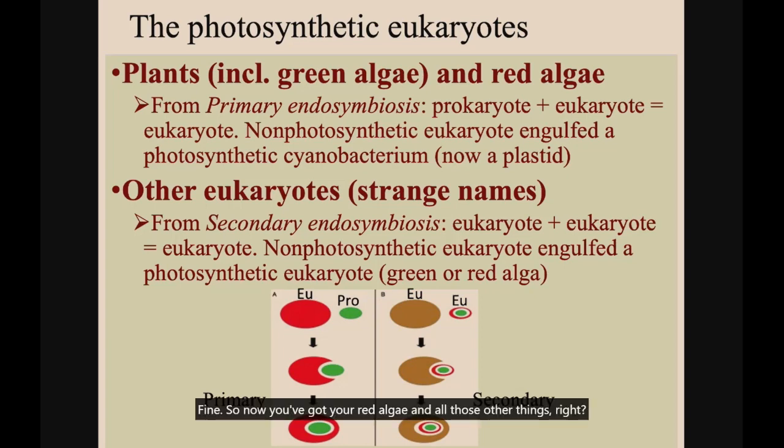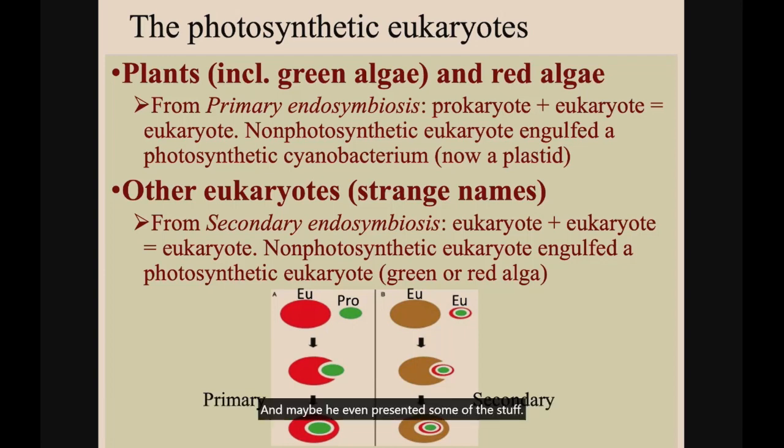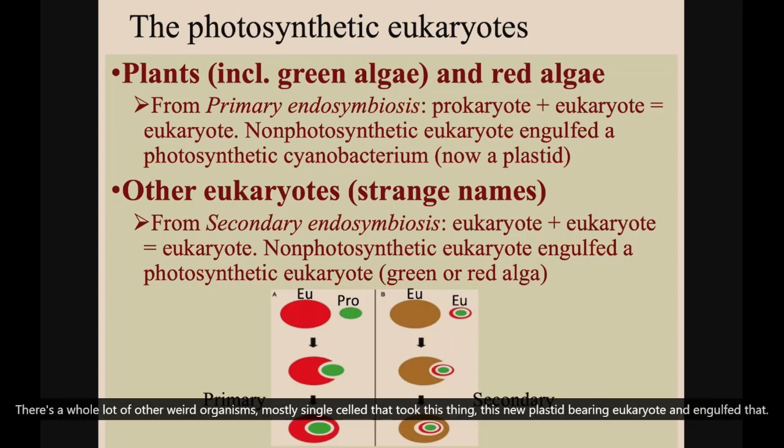Fine. So now you've got your red algae and all those other things. It turns out that there are a whole bunch of weird organisms that you've probably never heard of unless you talk to Alastair Simpson, and maybe he even presented some of this stuff. There's a whole lot of other weird organisms, mostly single-celled, that took this new plastid-bearing eukaryote and engulfed that.